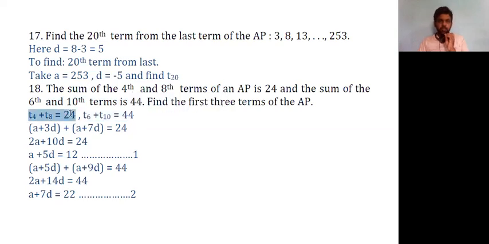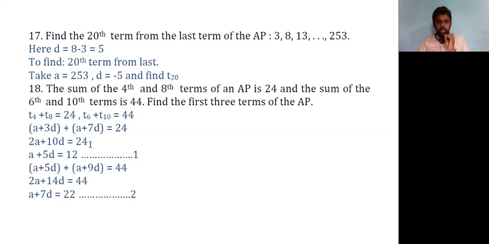Taking the first equation, substituting the formula for T4, A plus (n minus 1) into D, A plus 3D, 4 minus 1 into D is 3D, plus A plus 7D is equal to 24. So A plus A gives you 2A, plus 3D plus 7D, 10D, is equal to 24. So 2A plus 10D is equal to 24.